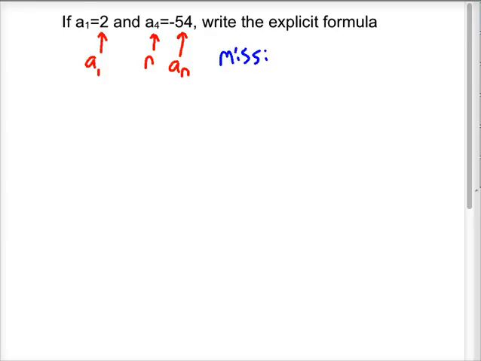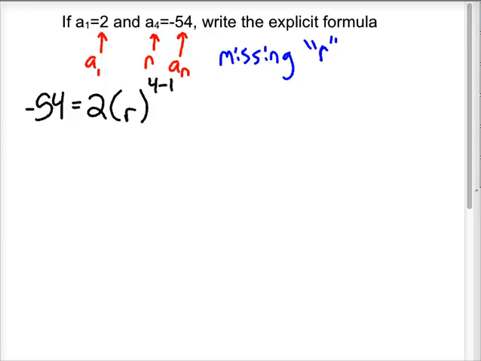Well, I'm missing my r value, okay? I don't know what r is at the moment, but I can use my explicit formula to figure that out. So I start plugging in what I know. Well, I know my future term. I know A1. I don't know r, but for that future term, my n is 4.